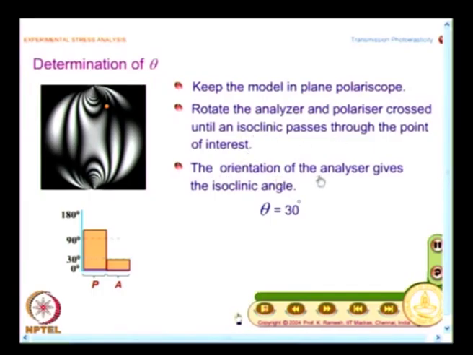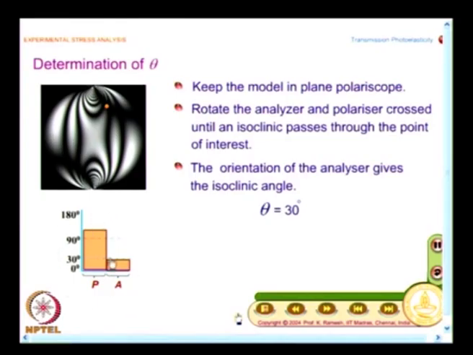The orientation of the analyzer gives the isoclinic angle, because we have labeled the analyzer angle with respect to the horizontal, and that directly gives the isoclinic at the point of interest. A 30 degree isoclinic has passed through it, and this is pictorially represented in this diagram.